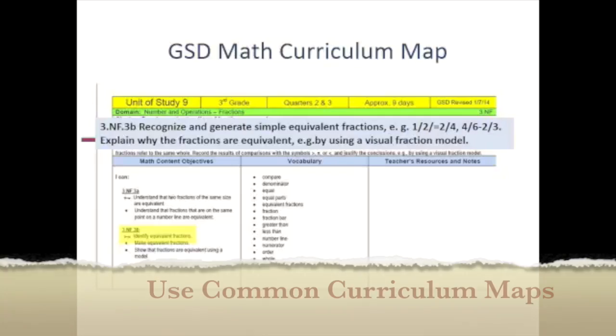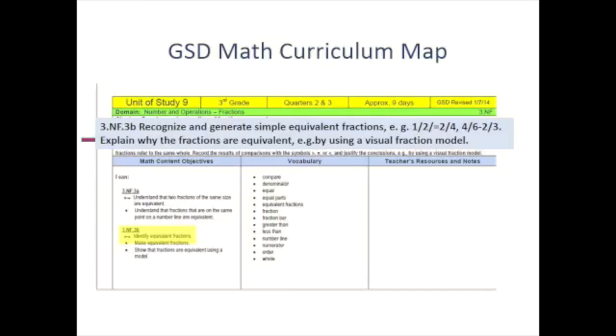Okay, according to our curriculum guide, Unit 9 is fractions, and it looks like we've already identified our essential learning as 3B. Recognize and generate simple equivalent fractions. Explain why the fractions are equivalent by using a visual fraction model.